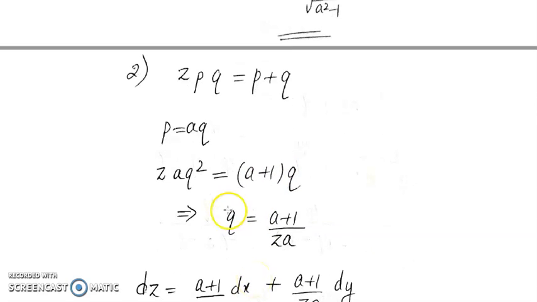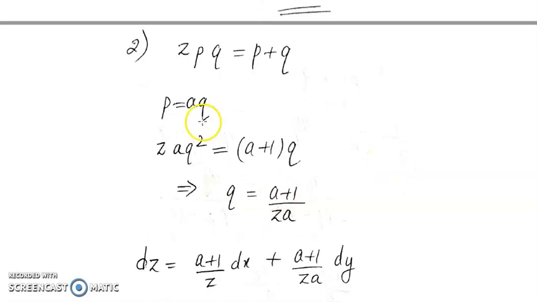So from here you will get q cancel out. So the remaining q will be equal to (a plus 1) by z times a. So aq will be (a plus 1) by z. Okay, that will be the value of p. Now substitute p and q. So dz will be (a plus 1) by z dx plus (a plus 1) by az dy.